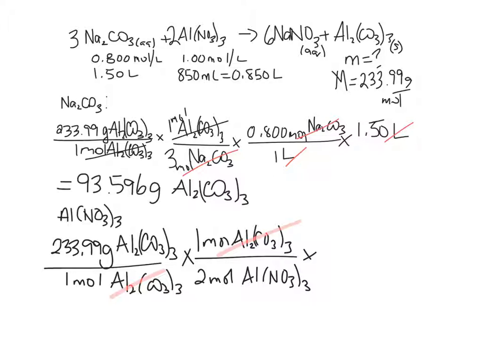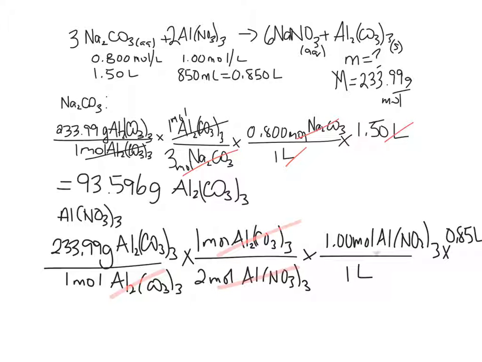So 1 mole of aluminum nitrate for every 1 liter, and then multiply this by 0.85 liters. So moles of aluminum nitrate cancel, liters of aluminum nitrate cancel.